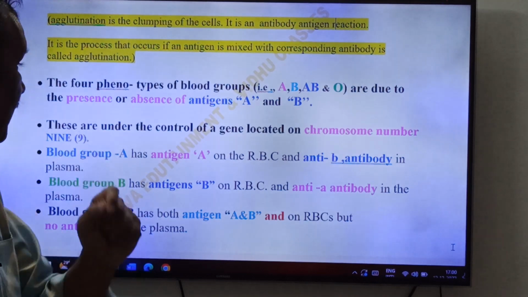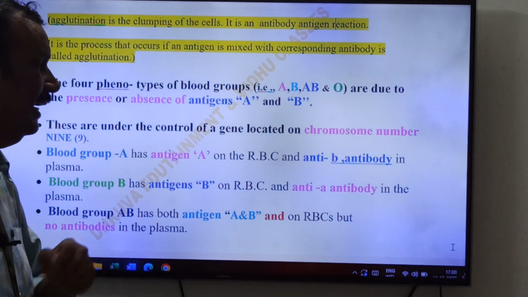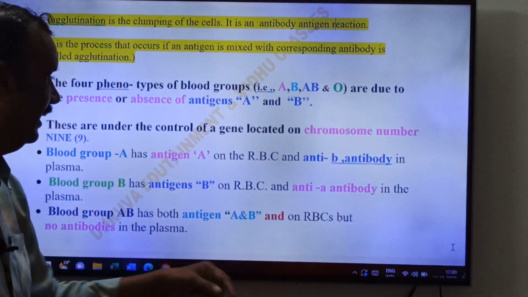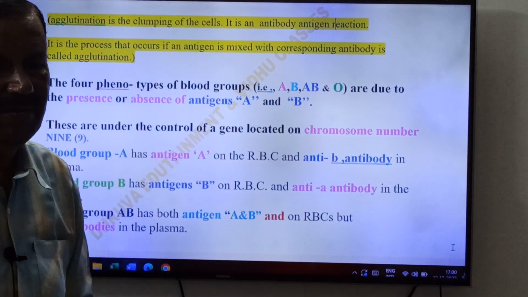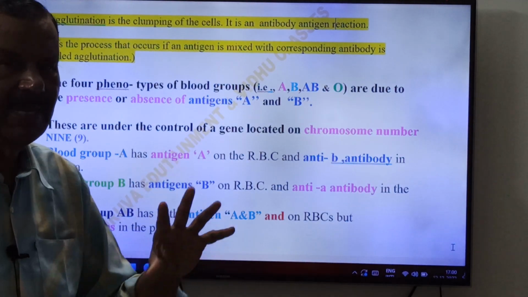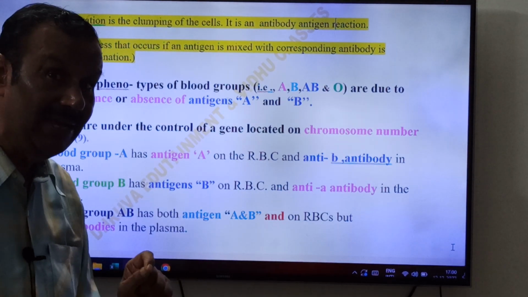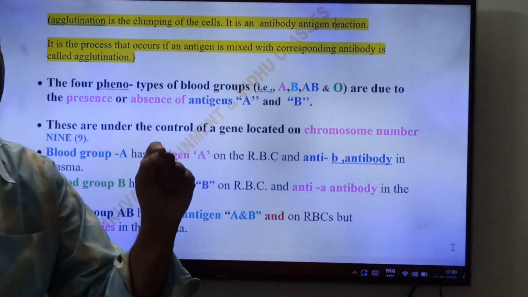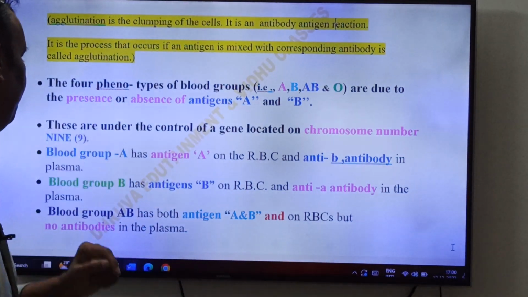Chromosome number 9. Now see, friends, blood group A has antigen A on the RBC and antibody B in the plasma. Now you come to our point, friends. For example, a person has blood group A. He has antigen A on his RBC and anti-B antibody in the plasma.